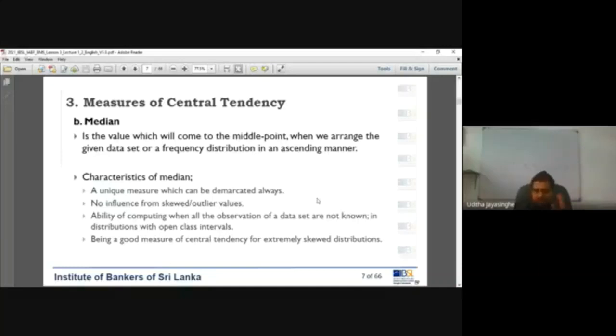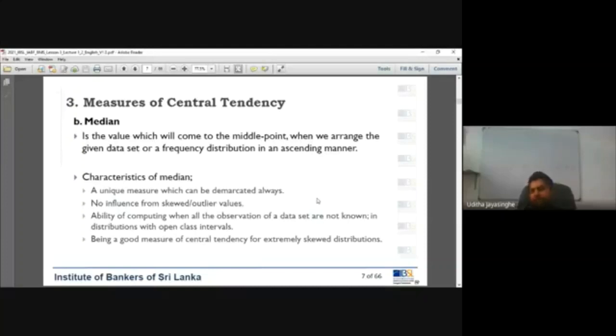Median will still be a number among the 7s, 10s, and 9s. So irrespective of the fact that there are outlier values, median can still be nicely computed, and it won't get impacted or influenced.